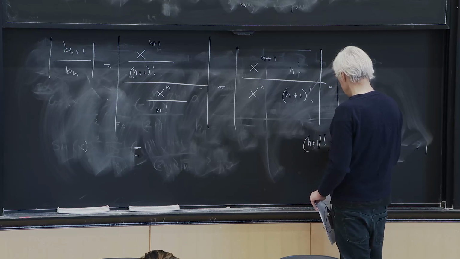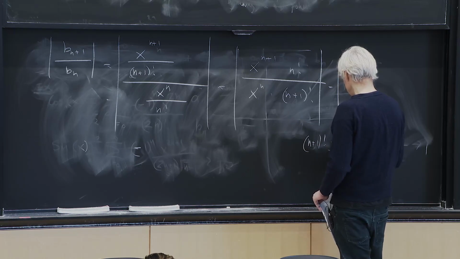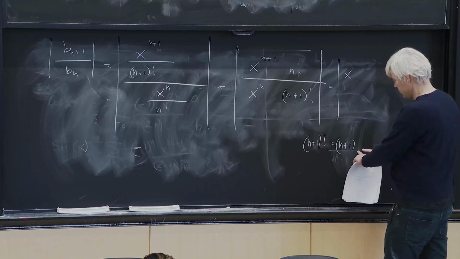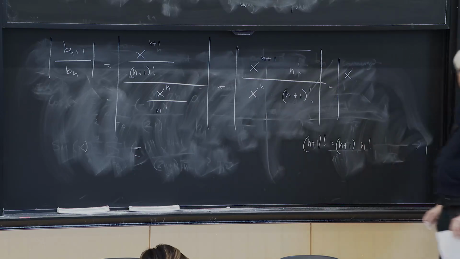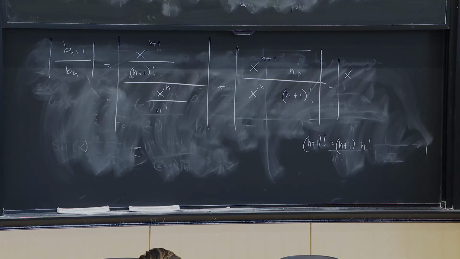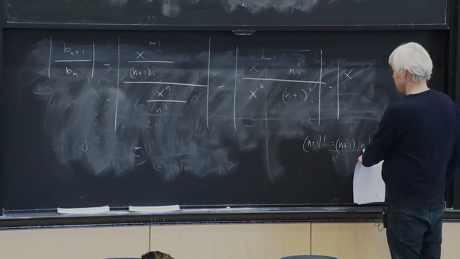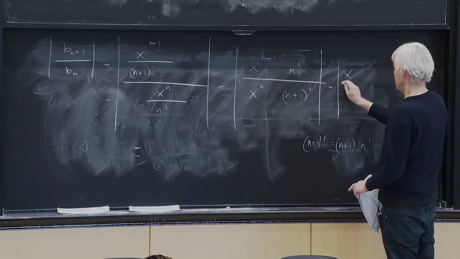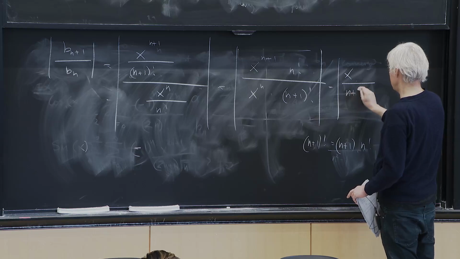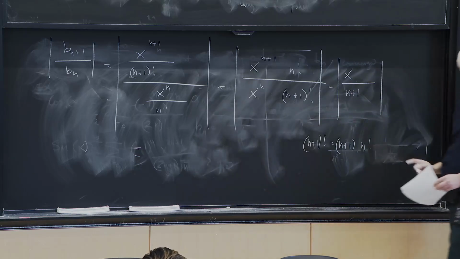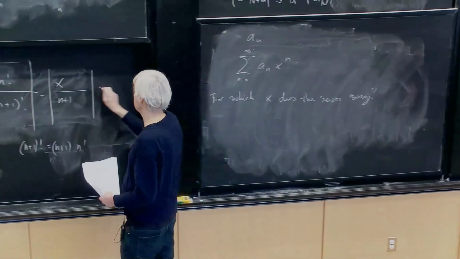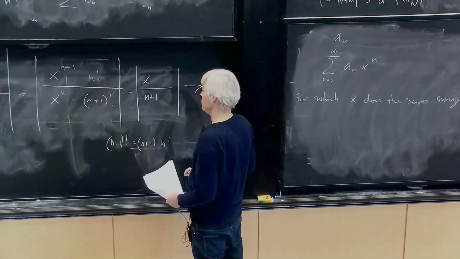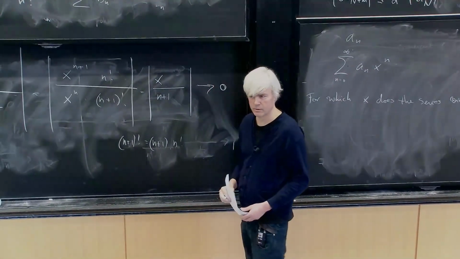And here you see the n plus 1 factorial. You can write it as n plus 1 times n minus 1, etc. But that's just n factorial. So you can write it like that. And so you see that this canceled that. So you're left with n plus 1. Remember, x is fixed. If x is fixed, as n goes to infinity, this just goes to 0.